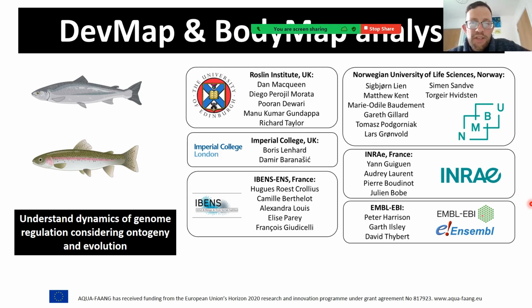So you can see this involves institutes from the UK, Norway, and France, which have together as a group generated and/or analysed all the data to be presented in a moment, all supported by building tools that we've used in comparative analyses. I won't name all the individuals involved, but I'm presenting data on behalf of all of them, and I will give credit for figures and images as I go along.